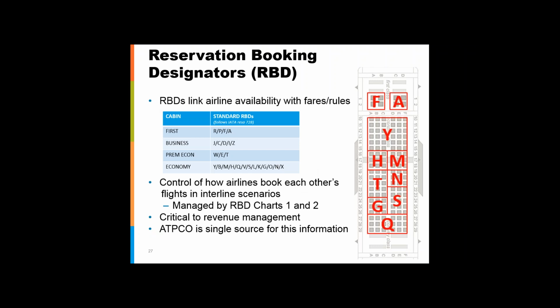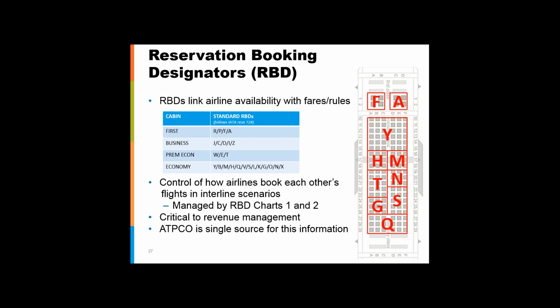An RBD is a little different. This reservation booking designator that we show here is relayed to a carrier's seat map. So you see the seat map, first class cabin, they could have different inventory. So the inventory control per airline is fluctuating with different letters.